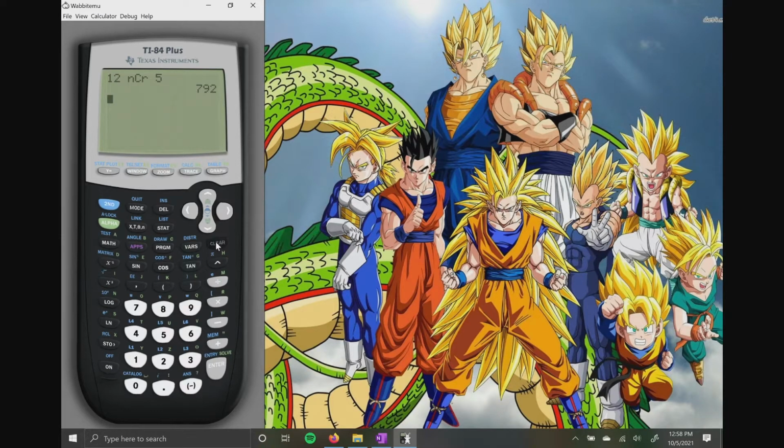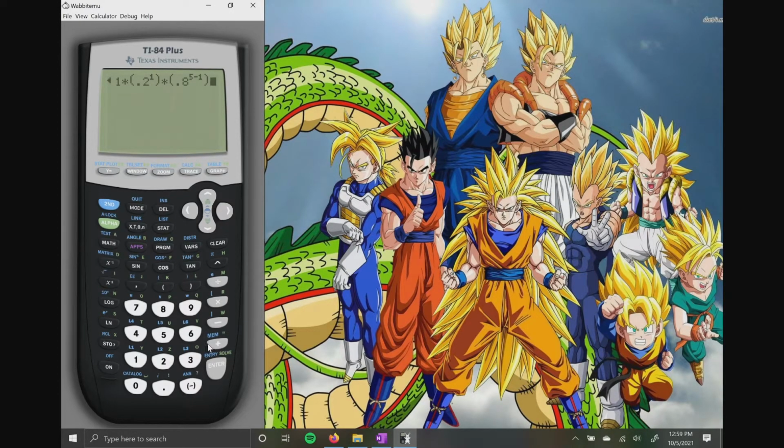But I'm going to clear this out. So we're going to do 5 choose 1. So I hit 5, the math button, go over to probability. There's my nCr right here, option 3. So it's going to be 5 choose 1 times, I put it in parentheses, 0.2 raised to the first power, end the parenthesis, and then times parenthesis 0.8 raised to the 5 minus 1 power, end the parenthesis.